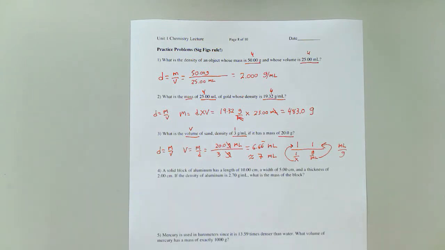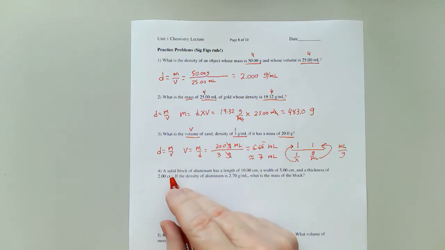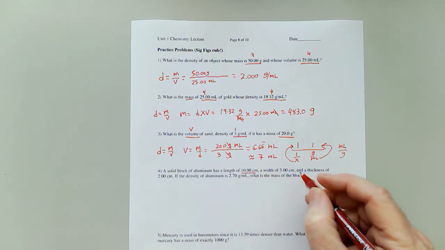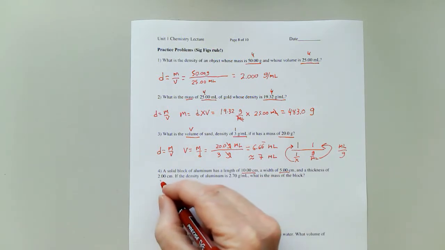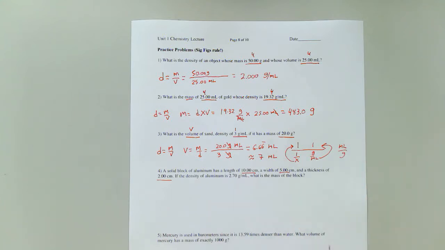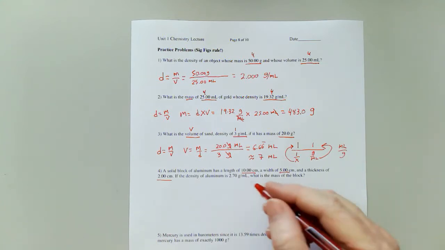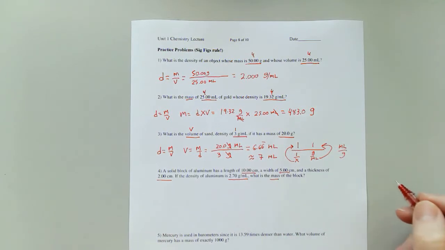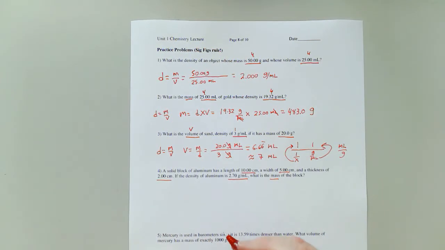So now, let's get a little more involved. We have a solid block. It's aluminum. It's 10 by 5 by 2.00 centimeters each time. The density is 2.70 grams per milliliter. What's the mass of this block? Well, I'm going to need to know its volume.